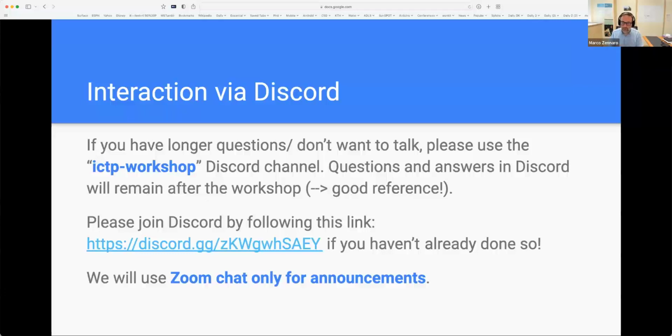But if you do it in Discord, then all the questions, the interaction will still be on Discord even after the workshop. So please join Discord. I will add the link in the chat again in a second if you haven't done so. In fact, we will use the Zoom chat only for announcements. So to share links, to share short information, but all the interaction should be done through Discord.